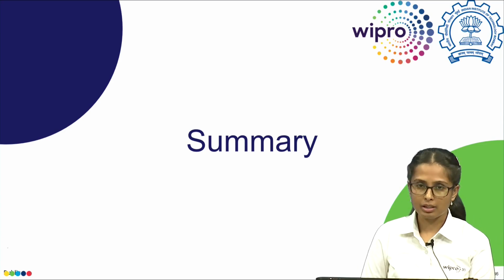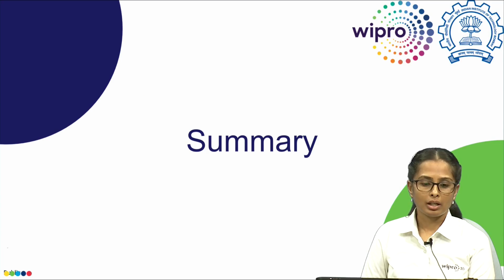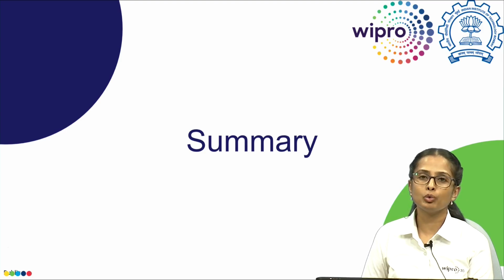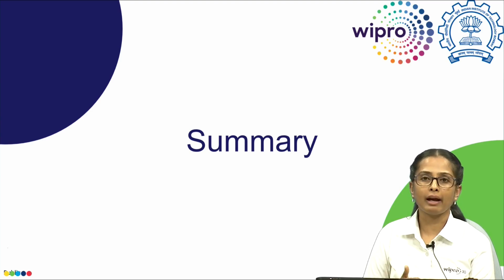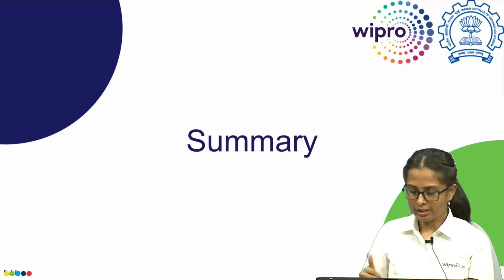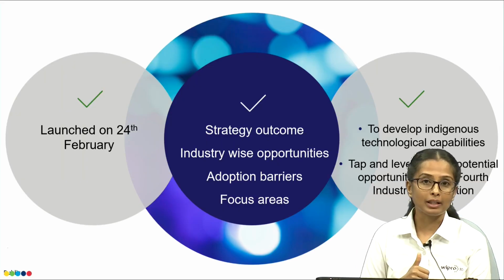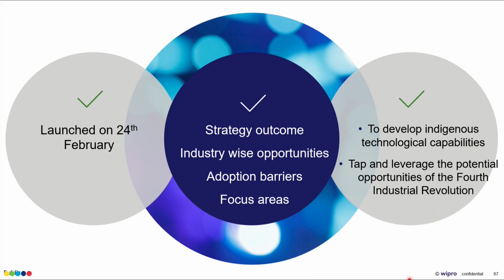So, here is a summary, which is something that we are concluding the course with probably. For the conclusion I have a few slides on how India is adopting additive manufacturing. Let us just go through that and then we will try to summarize for the week and the course. The strategy for additive manufacturing was launched on the 24th of February 2022.